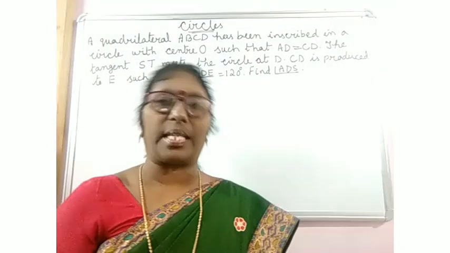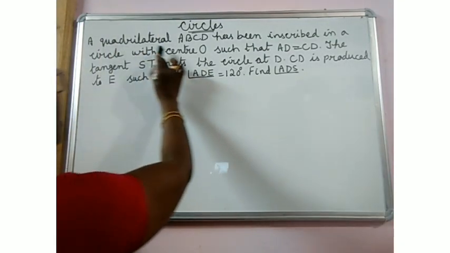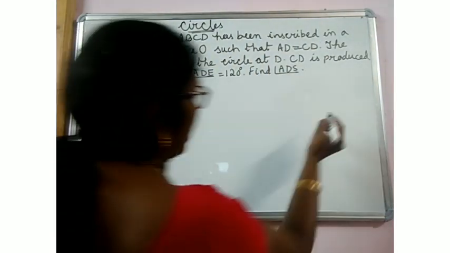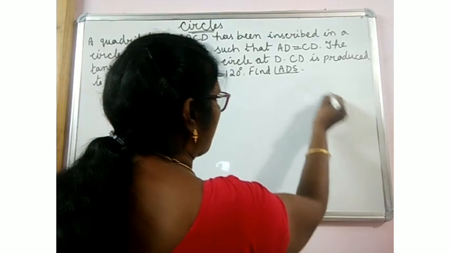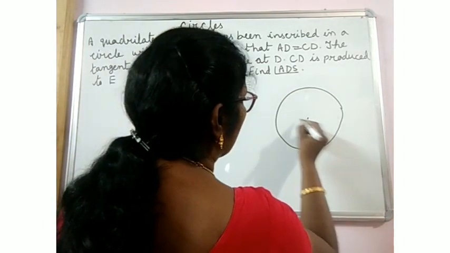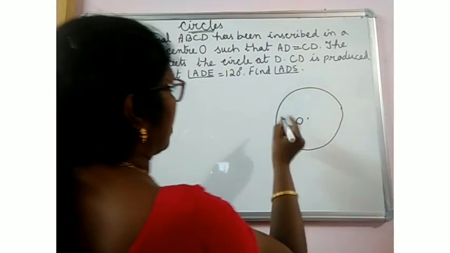As for the given question, let us draw the figure and try to understand. A quadrilateral ABCD has been inscribed in a circle with center O. So let me draw a circle, with center O, such that ABCD is a quadrilateral.